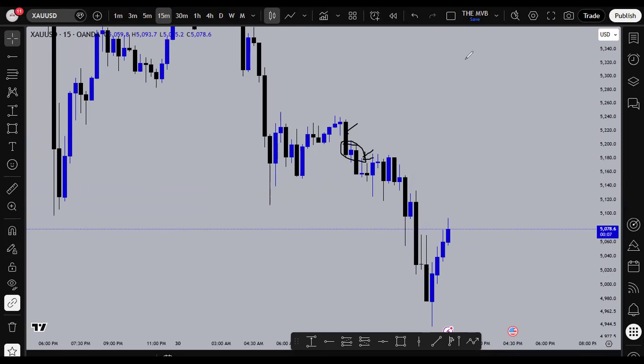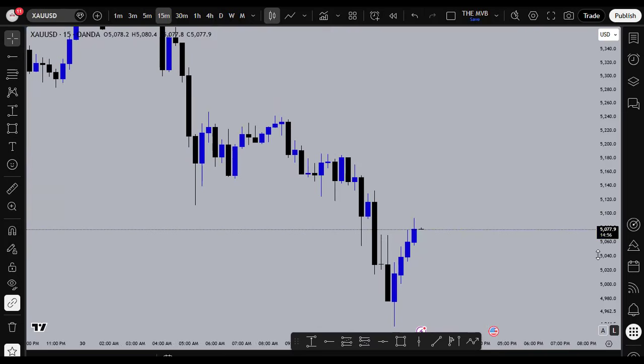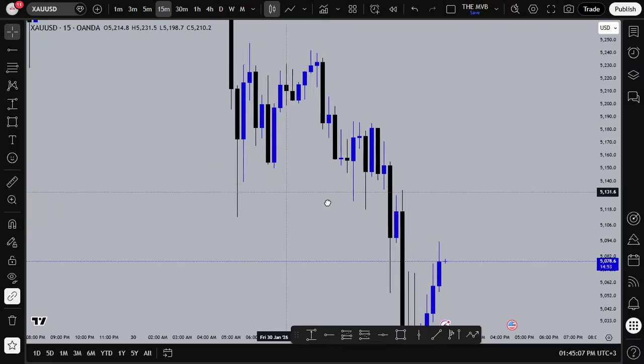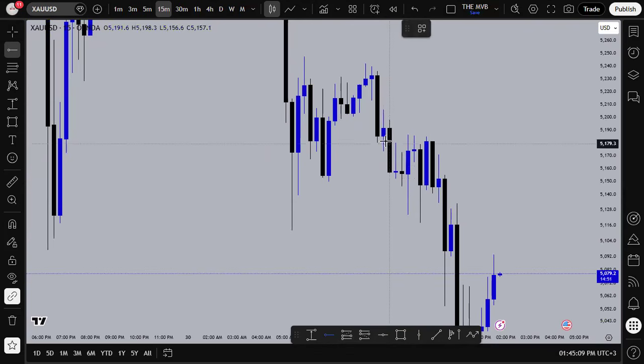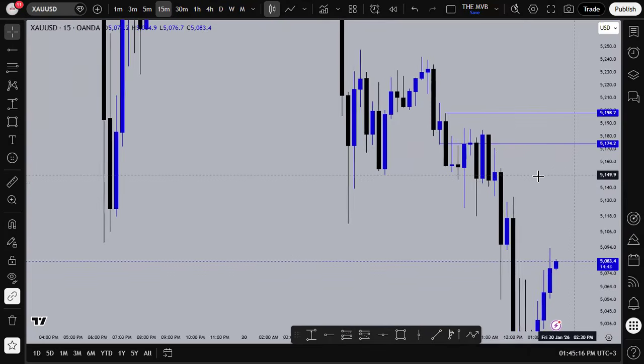So that becomes our area for potential sales. Let's check out how I sold here. You see my entry, you can use this one here, and then you can put your stop loss above there, and you're good to go.